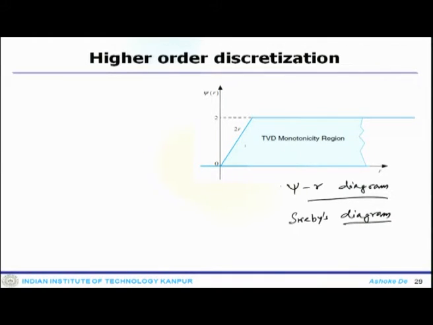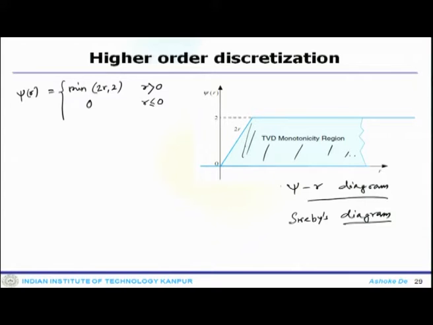So, this satisfies the criterion of psi r equals the minimum of 2r and 2, and 0 where r is greater than 0 and r is less than 0. So, these are the zones which are TVD monotonicity.